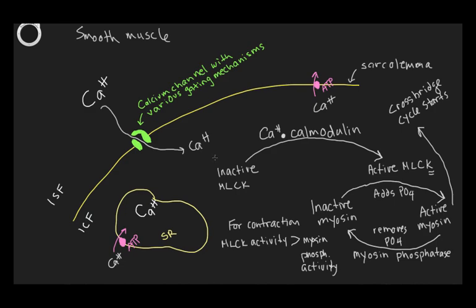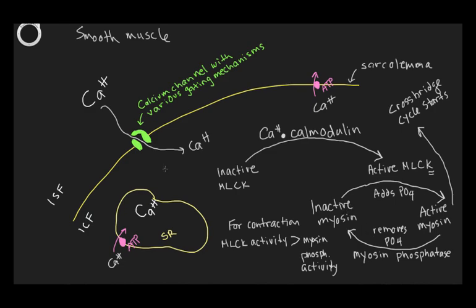So again, we always have to be talking about, well, how do we stop the signal and stop the contraction from happening? Well, there's a couple of things. Obviously, myosin phosphatase activity is always opposing myosin kinase, so trying to cause relaxation to happen.